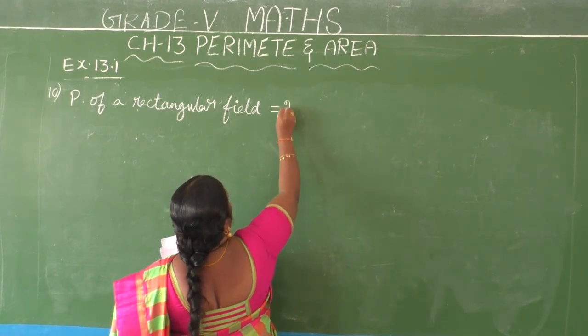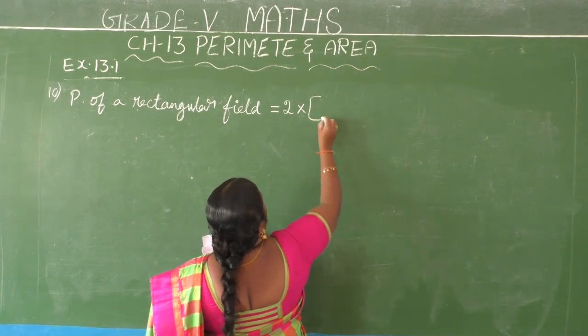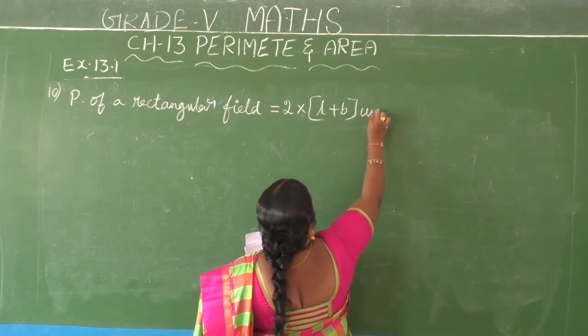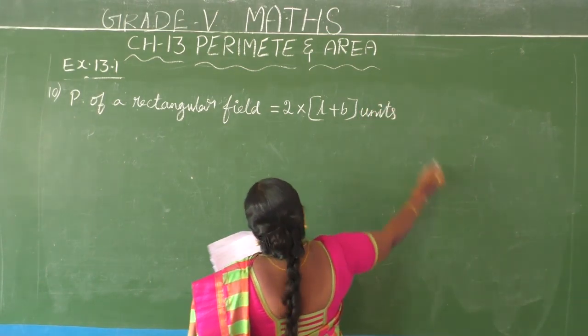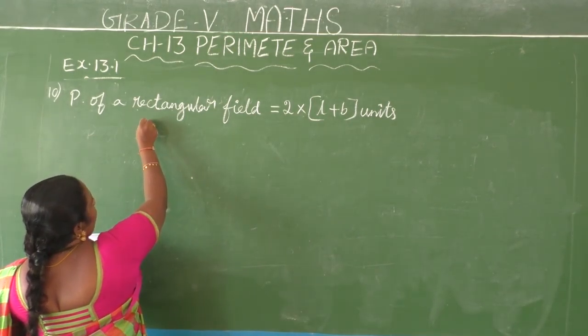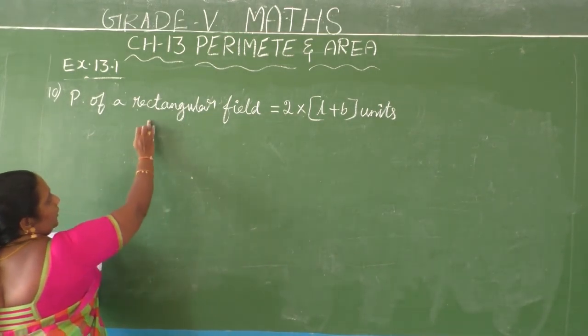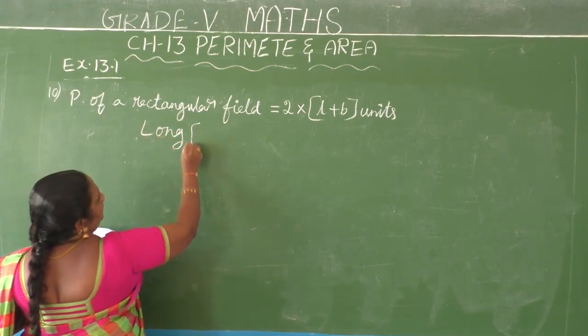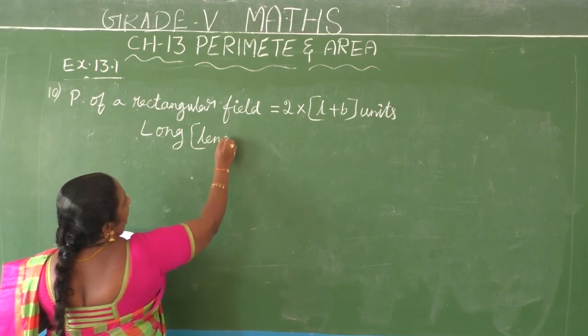We have to use the formula only, 2 into L plus B units. Okay, what is the length? Length means nothing but long. In this sum they mentioned long. Long means nothing but length. Both are same only.